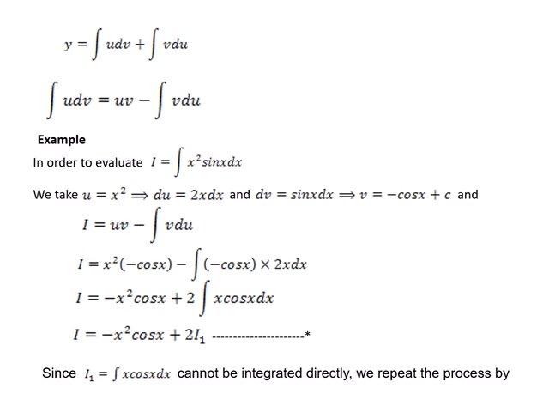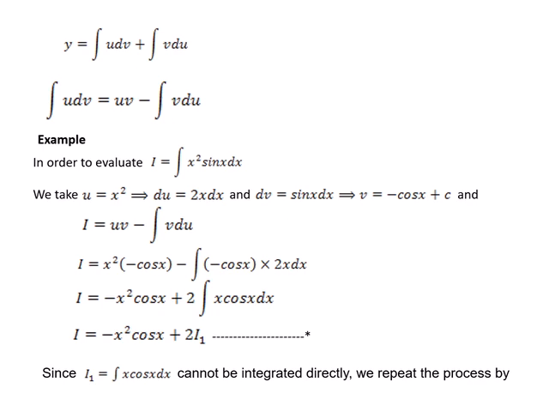Now, from the formula, integral u dv is what we are having here as integral s squared sin s ds. Then you are going to represent u as s squared and dv as sin s. That is all what we're saying here.